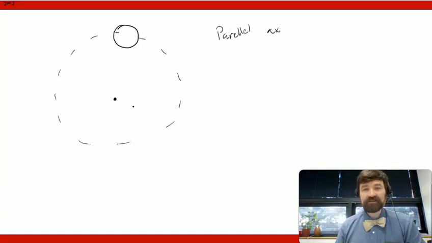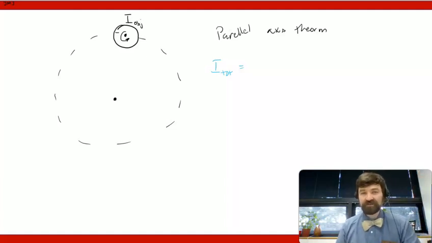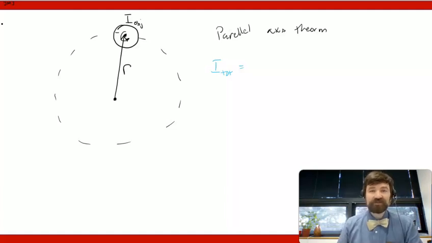So the parallel axis theorem basically says that the total moment of inertia, I total, is going to be the moment of inertia that you get through this axis that's well established. So let's say this is I, and we could call this OBJ for object with known axis. And then that plus the moment of inertia that you would get for having this thing moving about a circle of radius r.